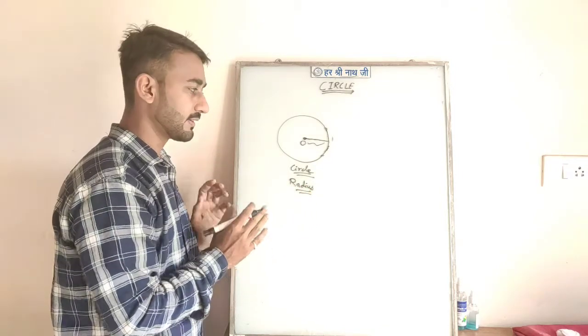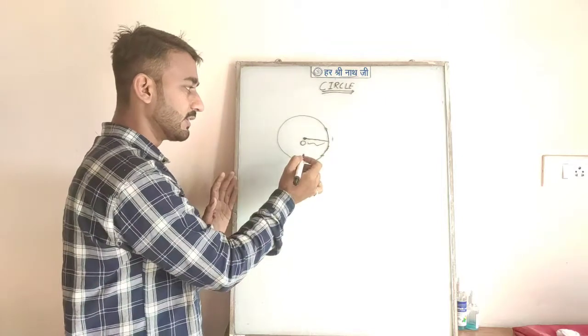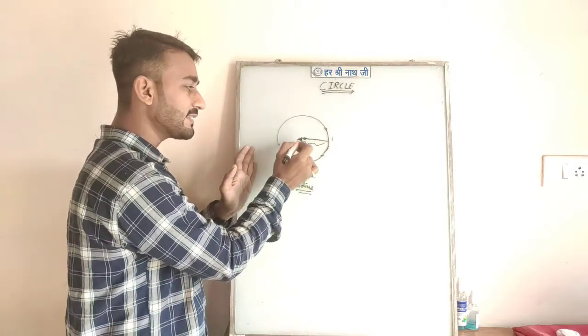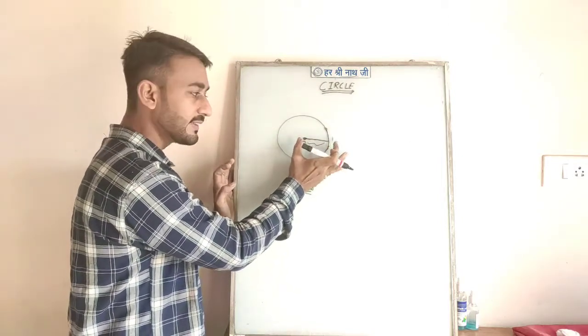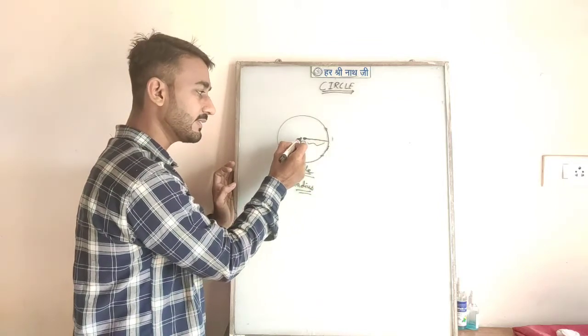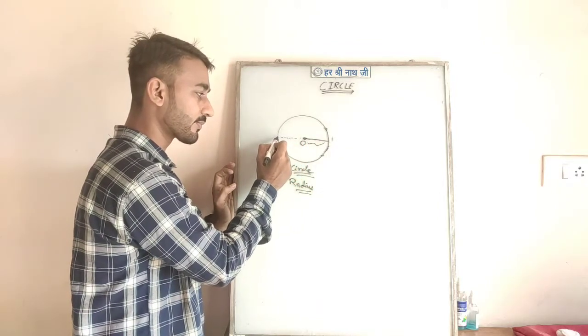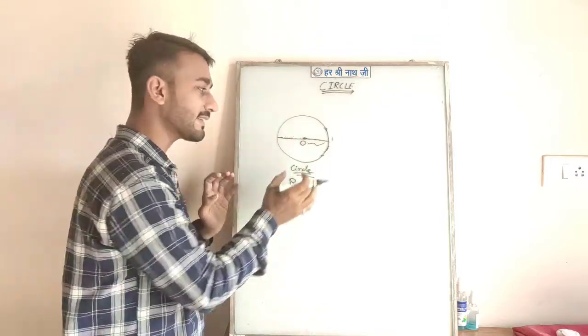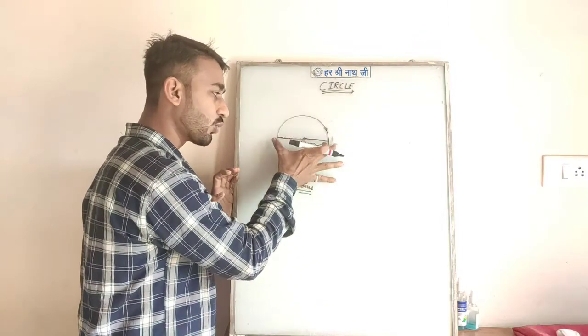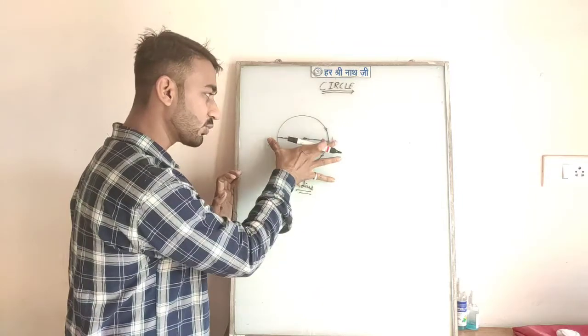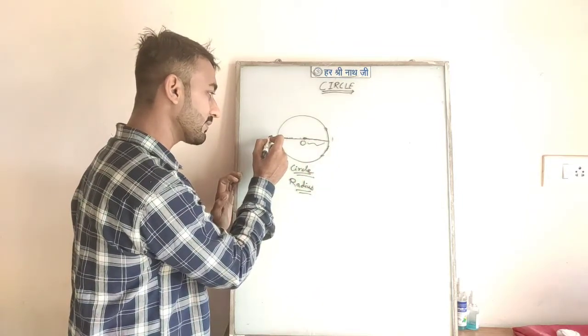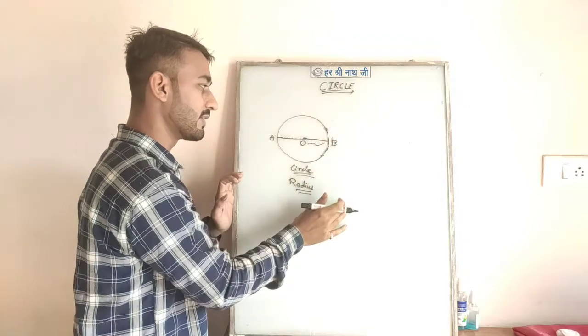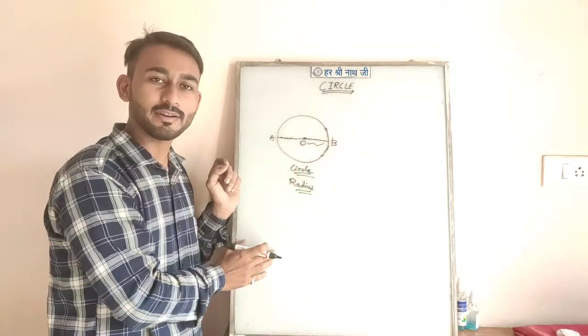Okay, now suppose I just extend this radius, this constant distance, this side. Okay, so can we say that this total distance, suppose let me mark it as A and B. So this certainly forms a line segment, right?